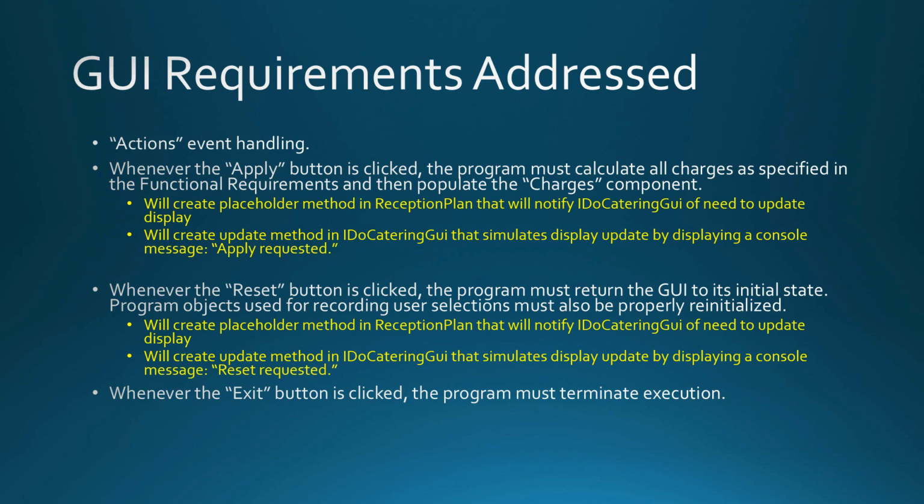It's basically going to be responsible for initiating any updates that we need on the GUI. And which update we need to do is going to be determined by the value of that parameter action. Finally, whenever the exit button is clicked, the program must terminate execution. So we're going to fully implement that requirement.